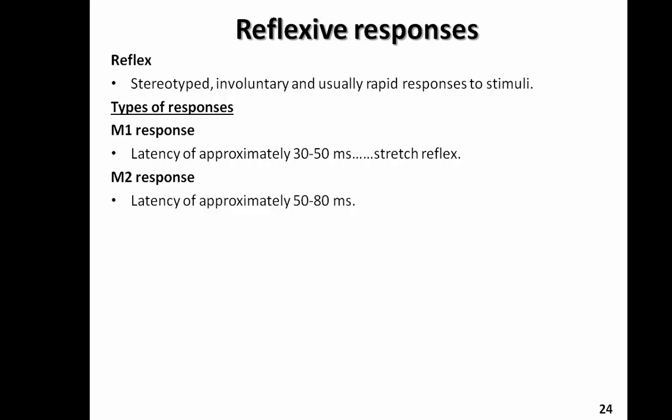The M2 response has a longer latency of about 50 to 80 milliseconds, and these are reflexes often described as a functional stretch reflex, but are polysynaptic. So the polysynaptic are the ones that work through connections with interneurons.